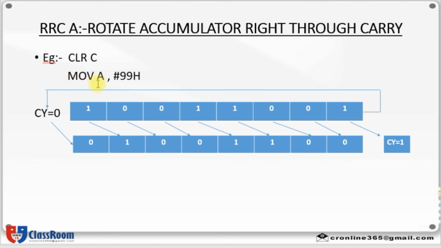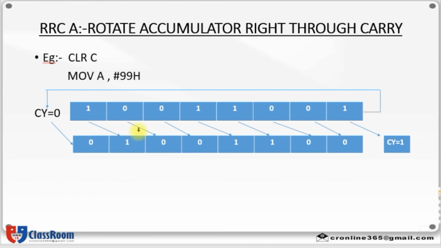Then MOV A, #99H. That means accumulator will be having the value 99. Since this carry flag is cleared, we can denote carry as 0. 99 can be represented as 1001, 1001. Then first this carry flag will be entering here.